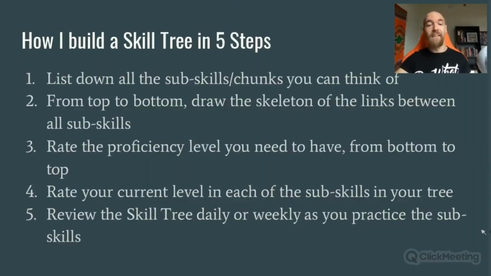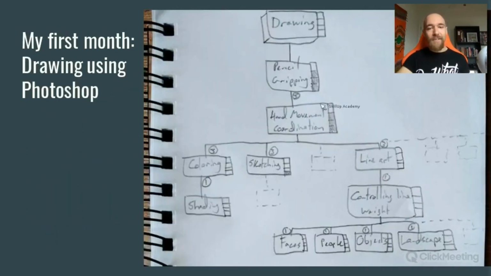They really don't. And step number 5. So review the skill tree daily or weekly as you practice the subskills. So this is a living document. This is something that you keep updating. So you see these squares or this expertise level, you've got to keep changing that depending on where you are right now. So if I were to revisit this one right now, my sketching would probably be a 2.